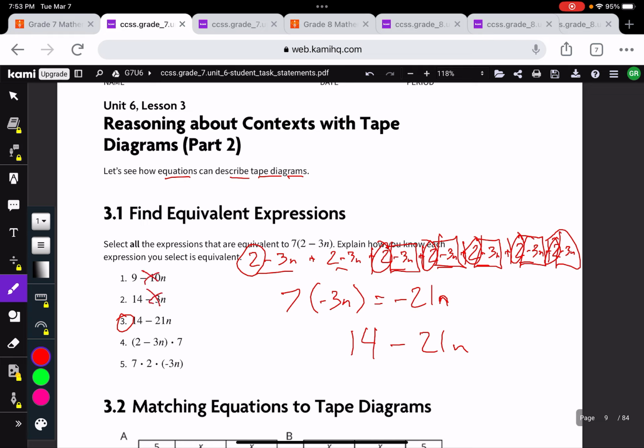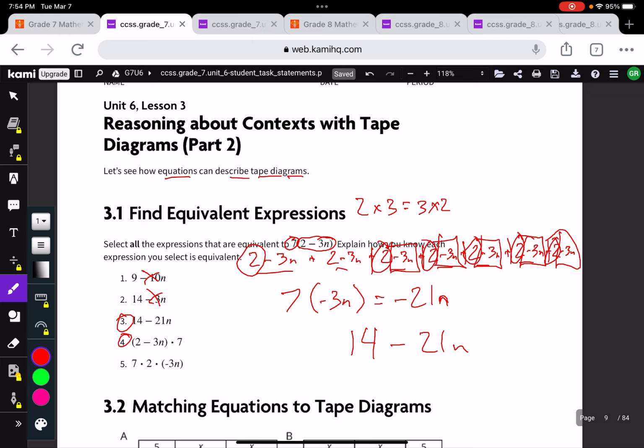We know that can't work. 2 minus 3n times 7. Well, that's just saying this times this. It's just backwards. It's like saying 2 times 3 is equal to 3 times 2. So 7 times 2 minus 3n is the same as 2 minus 3n times 7.